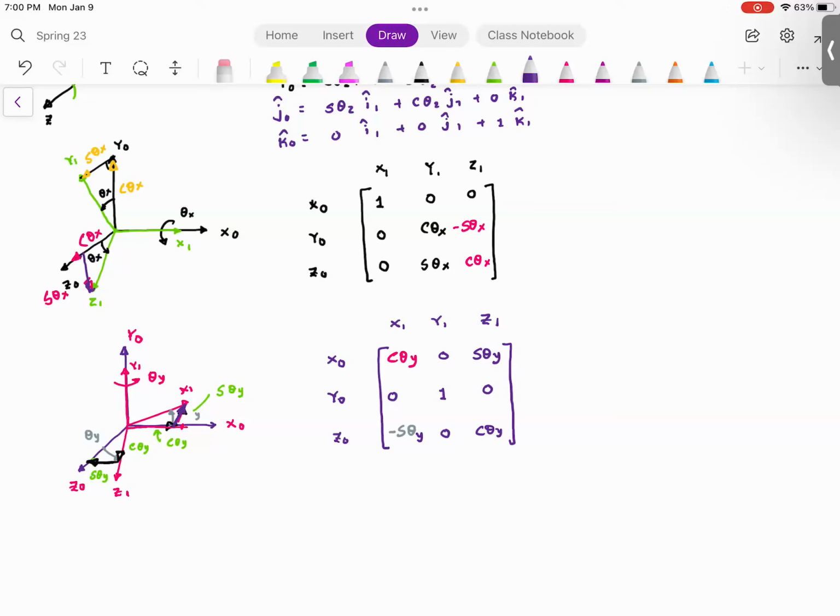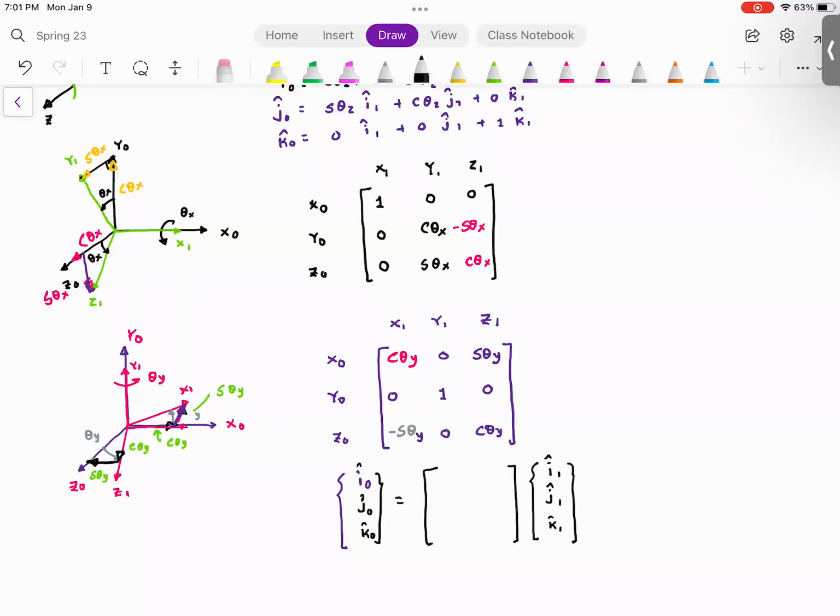Now if you want to write this in matrix form, what that means is you have these unit vectors i naught, j naught, k naught equal to this matrix multiplied by i1, j1 and k1.